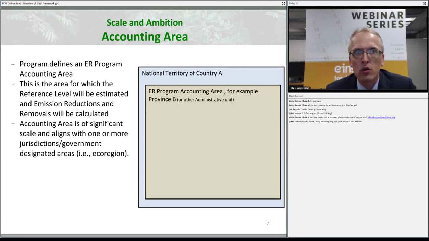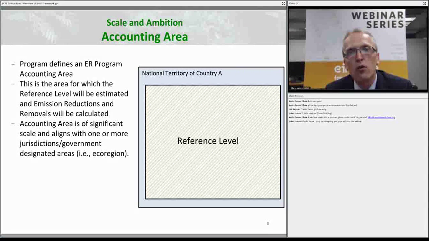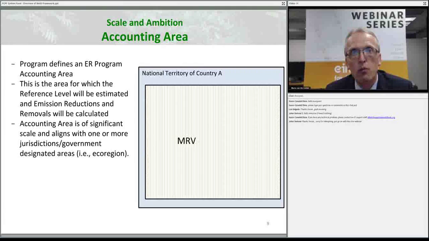So jurisdictions depend on the circumstances of your country, but it could be a province, a district, a state, depending on how the country is organized, or it could be an eco-region. But what is important, again, is that the reference level and the monitoring and reporting is done for the whole accounting area, so wall-to-wall basically.